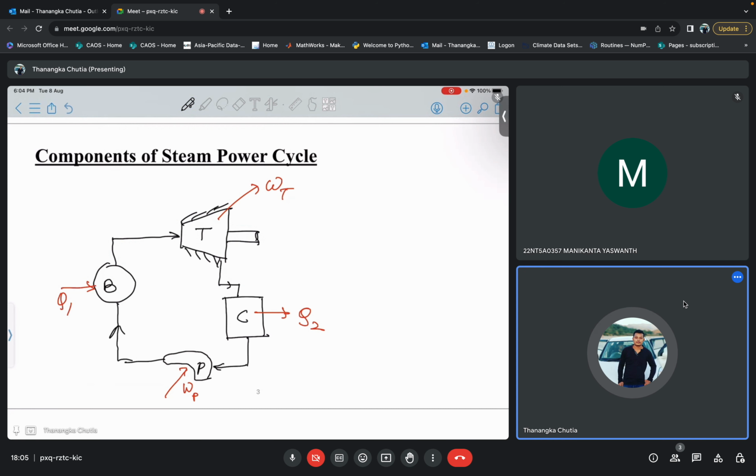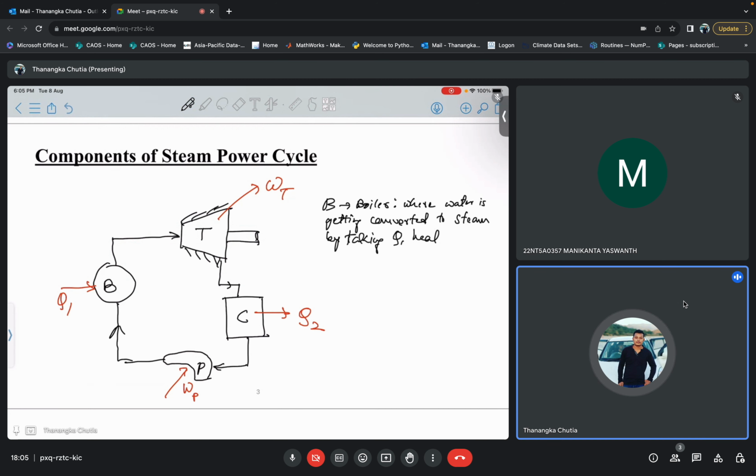So this B stands for boiler. And what is the work of the boiler? Water is getting converted to steam by taking Q1 heat.